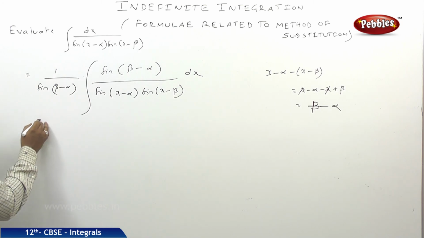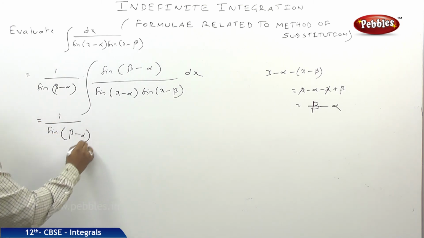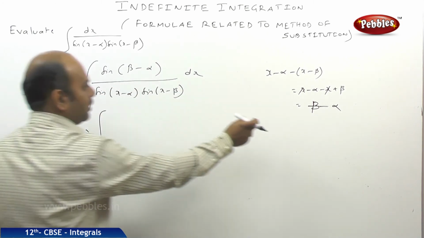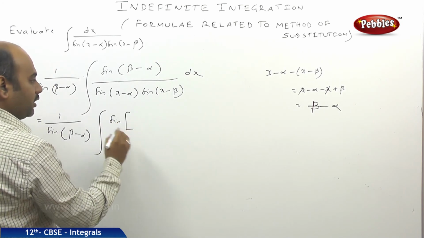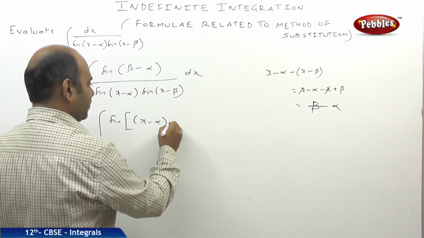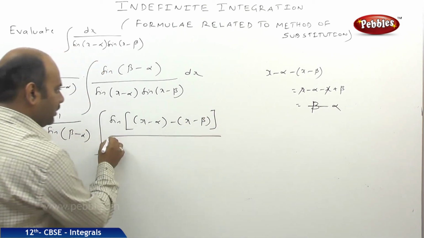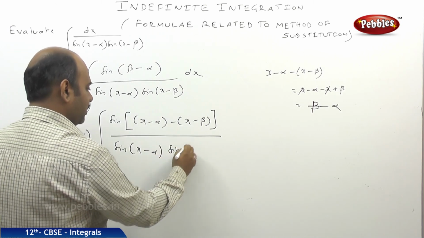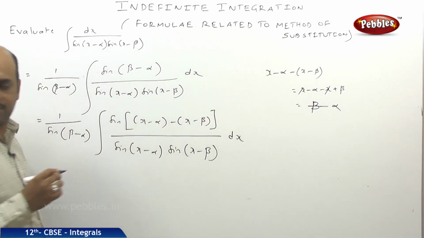So what I will be doing is 1 by sine of beta minus alpha and the integral of this particular beta minus alpha, which can be written like this. So what happens? Sine of, I am putting a big bracket for my convenience, sine of x minus alpha minus of x minus beta, whole divided by sine of x minus alpha into sine of x minus beta dx.